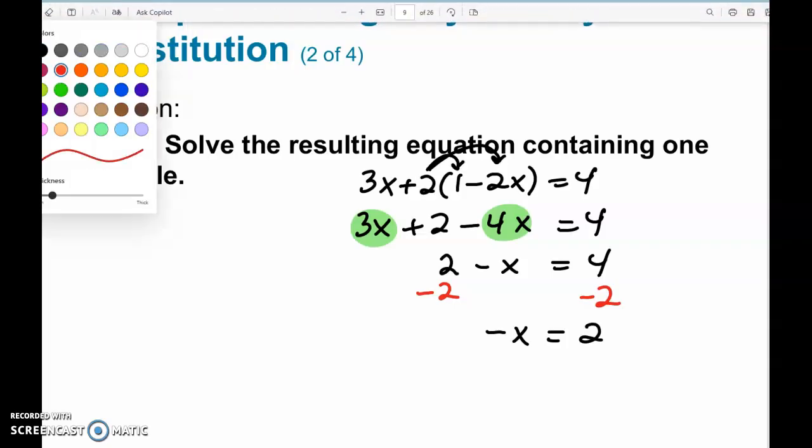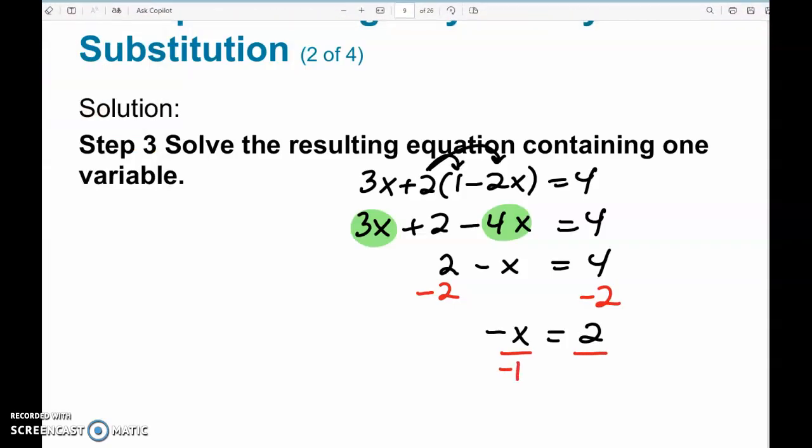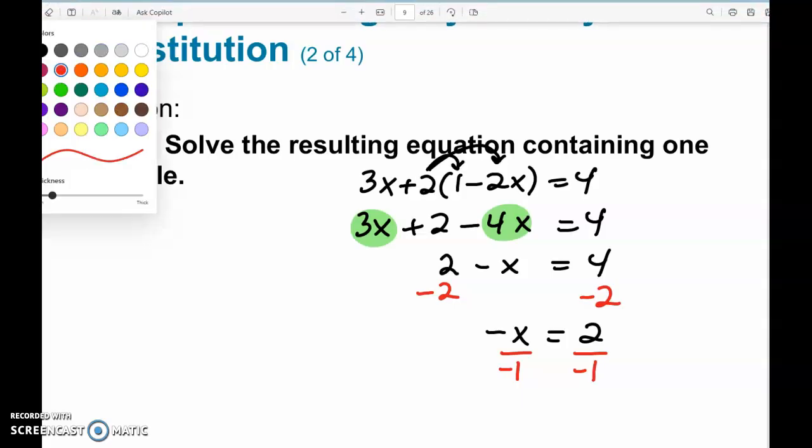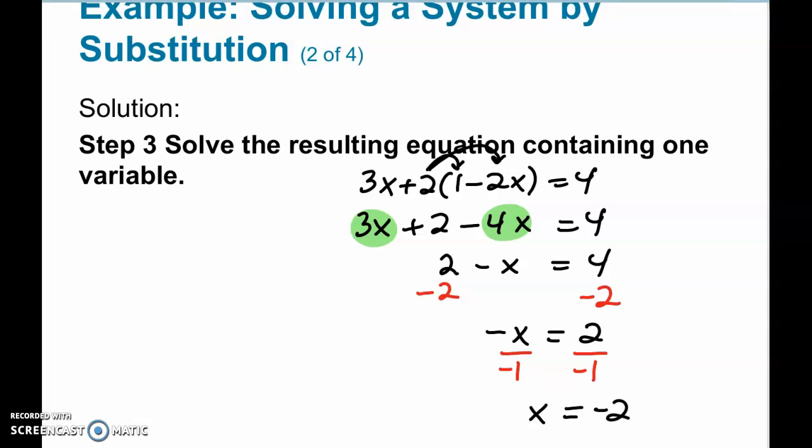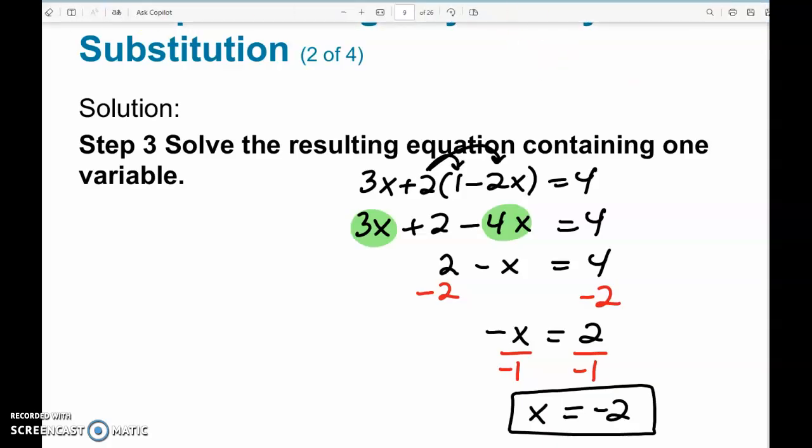And then I'm going to divide both sides by -1. And that will result in my answer for x, which is -2. So this is the value I get for x. Now, remember, this is not the end, because why? This is an ordered pair. That's just the value for x.